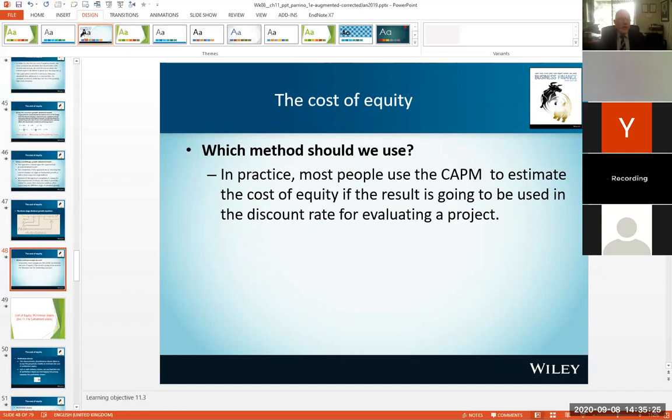Okay, which method should we use? Well, basically the method you use depends on the data you've got and the quality of the data you've got. CAPM is useful if you've got a nice, well-behaved public listed company, so that's all good.